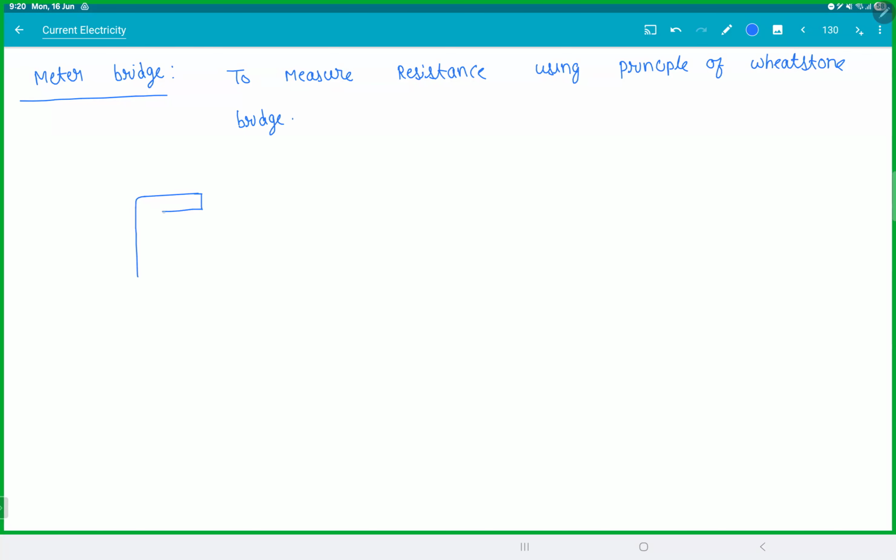So we have some steel frames like this. The equipment kind of looks like this. So these are steel frames. We have a wire here.